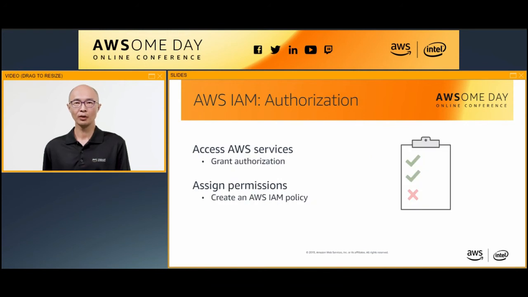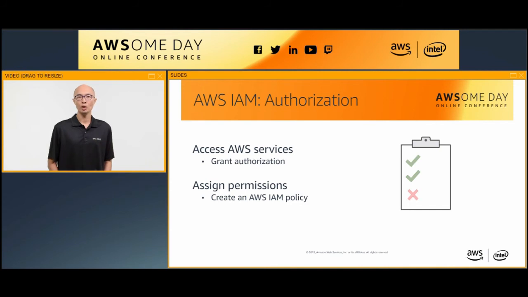After a user has been authenticated, they then have to be authorized to access an AWS service. To assign permission to a user, group, or role, you have to create a policy, which is a document that explicitly lists permissions.